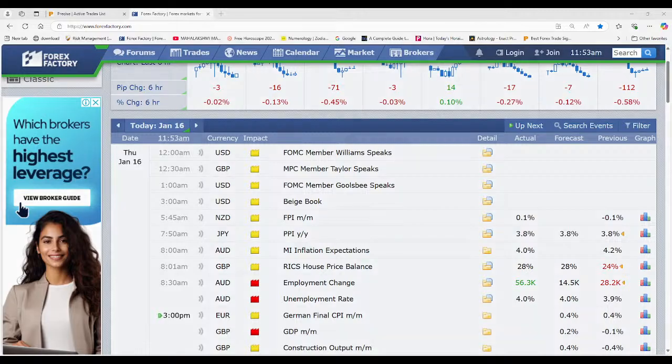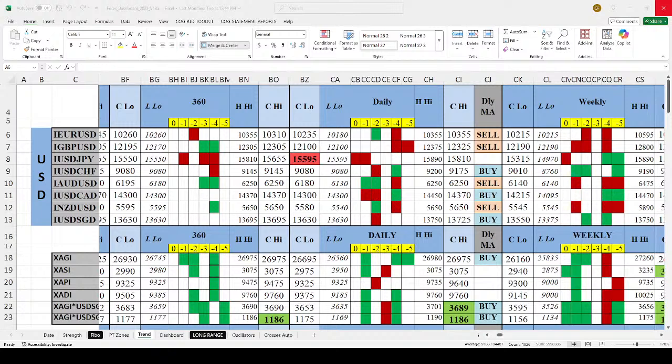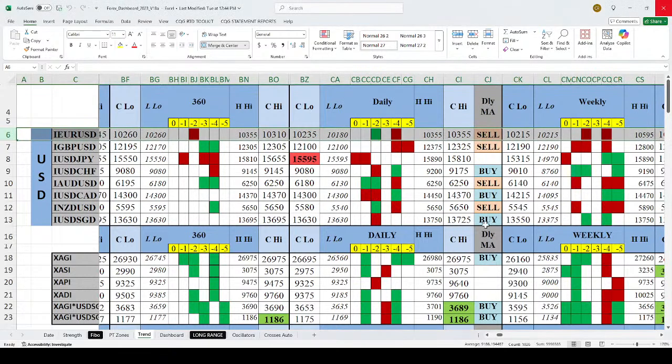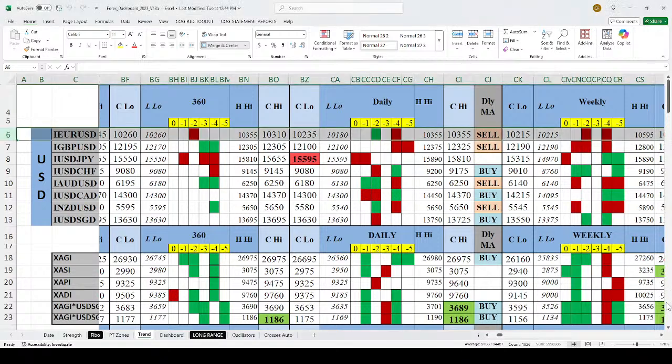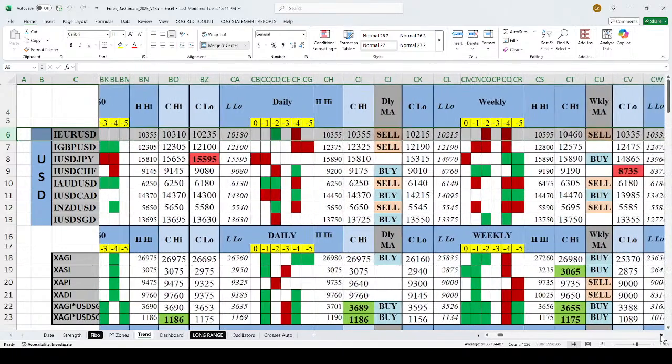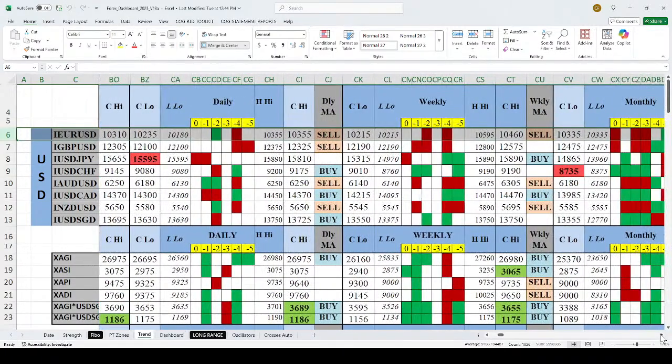Okay, looking at the trend directions, the trend map for the euro dollar. We feel that this is flat with a downside bias on the hourly, daily is flat with an upside bias, weekly is flat with a downside bias, and monthly is on a downtrend.